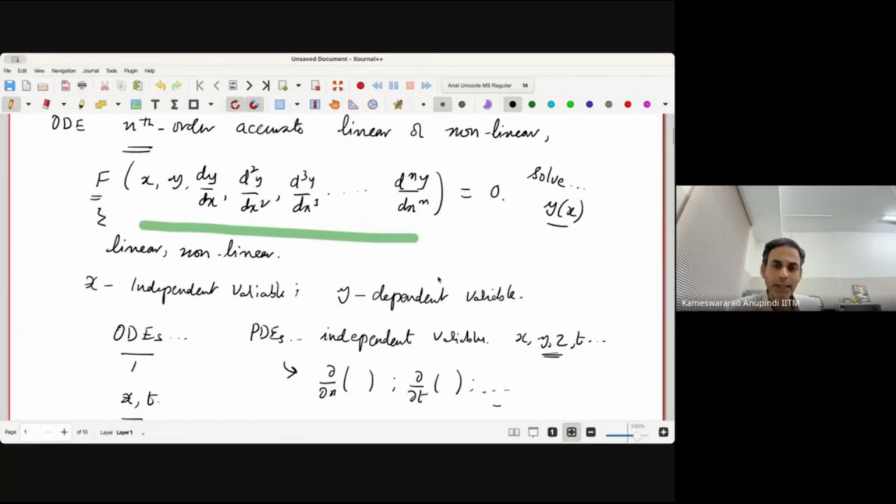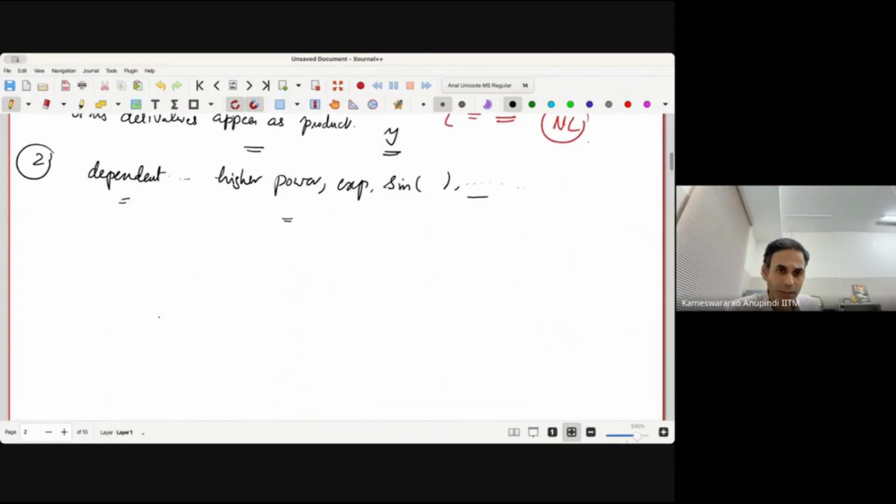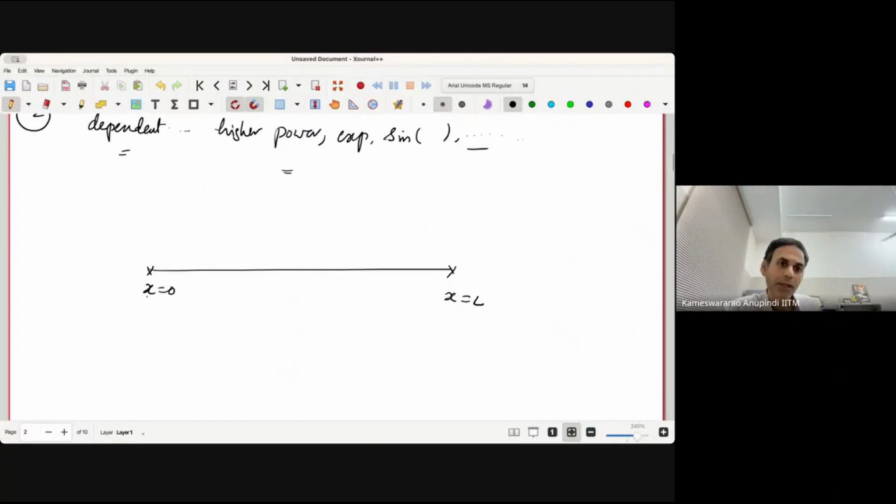Let us say we are given a certain domain, x equals 0 to x equals L. And we are given certain conditions: the values of y, dy by dx, d square y by dx square, all the way to the nth derivative of y, need to be specified.